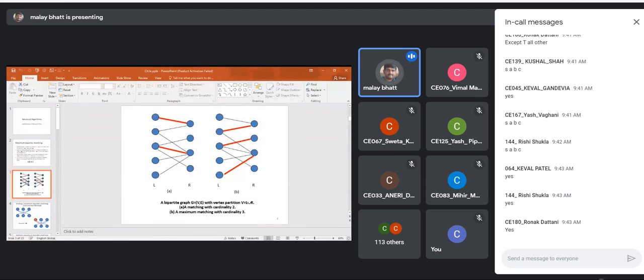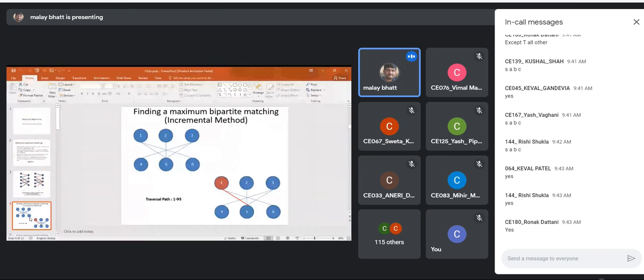Now you have to match so that you can have the maximum number of successful matrimonies. So the best matching for the matrimonial site will be this: male 2 will match with woman 1, male 3 will match with woman 2, and male 5 will match with woman 3. So we have a maximum success on the matrimony site. Clear? So it is known as bipartite matching.